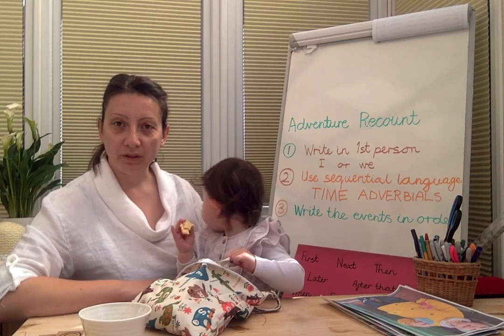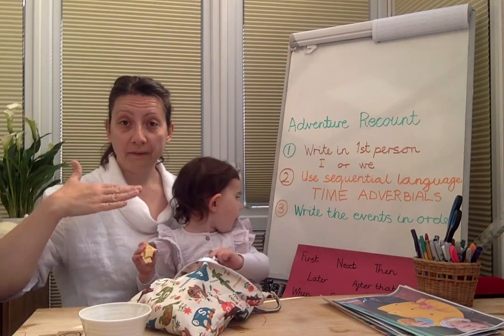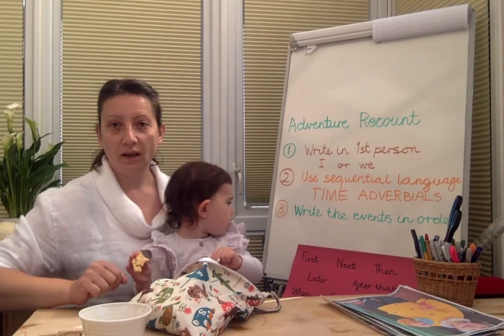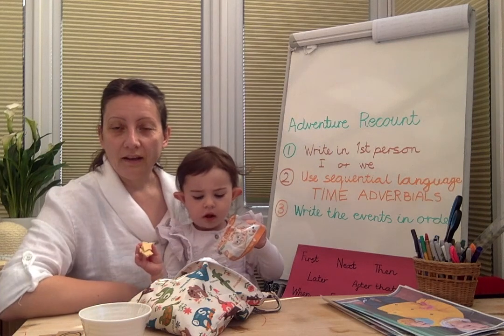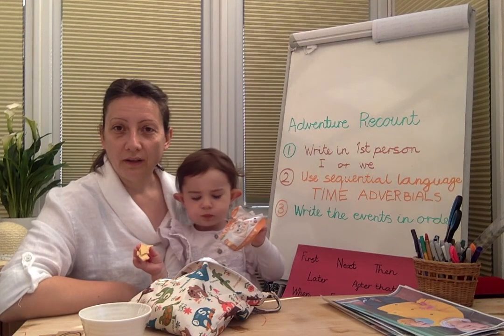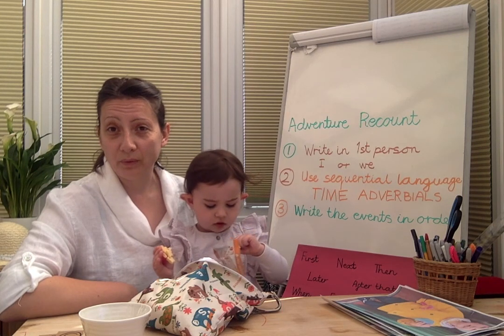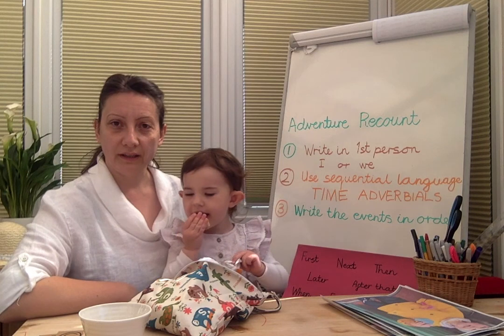So it's very important that you start with the experience at the beginning and write everything in order as they happened in a recount, because this is not similar to a report when you're writing a general report and not necessarily writing everything in order. In a recount we have to write everything in order.